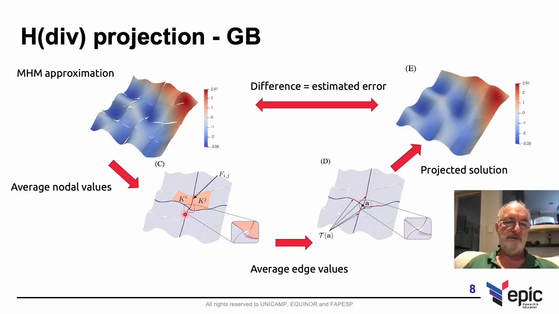Once we have those nodal averages, we use them as an input to compute the averages on the sides. Those averages depend on the relative permeability on each side. And then once we've done this averaging, we have a projected solution. So the idea is to take this discontinuous solution, project it using local operations onto an H1 solution, and the difference between those two approximations is going to be our error estimation.